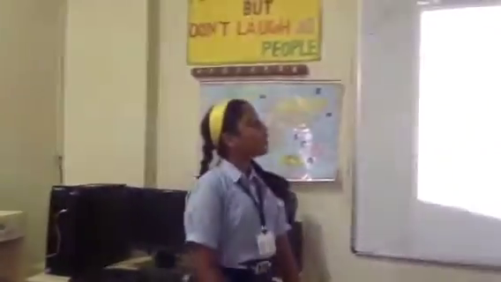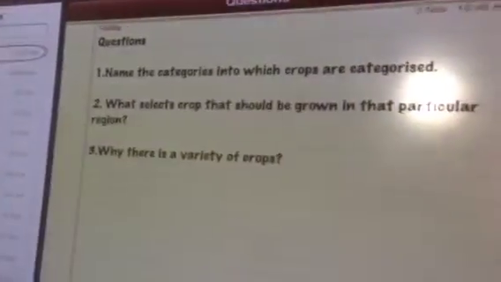Now question here, name the categories into which crops are categorized. Aaron? Cereals, pulses, oilseeds, fibers and beverages. Right. What selects crop that should be grown in a particular region?